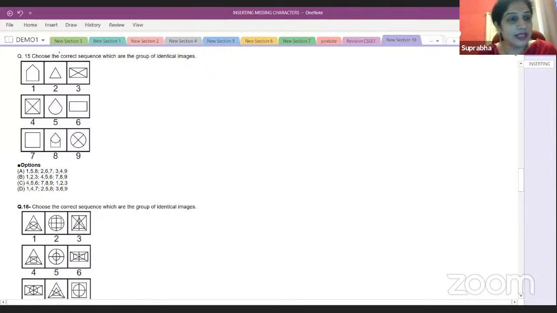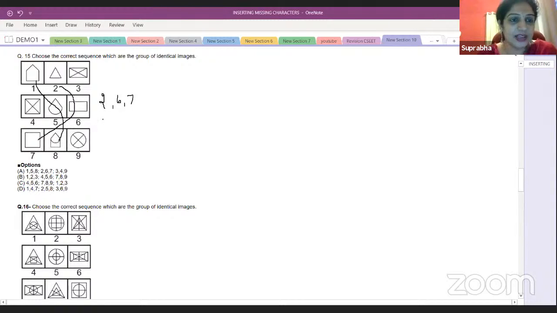So if I see here, there is a proper or a simple triangle, 2. There is a rectangle, there is a square. So 2, 6, 7 is there. And if I check here, from your shape, they have simplified it.